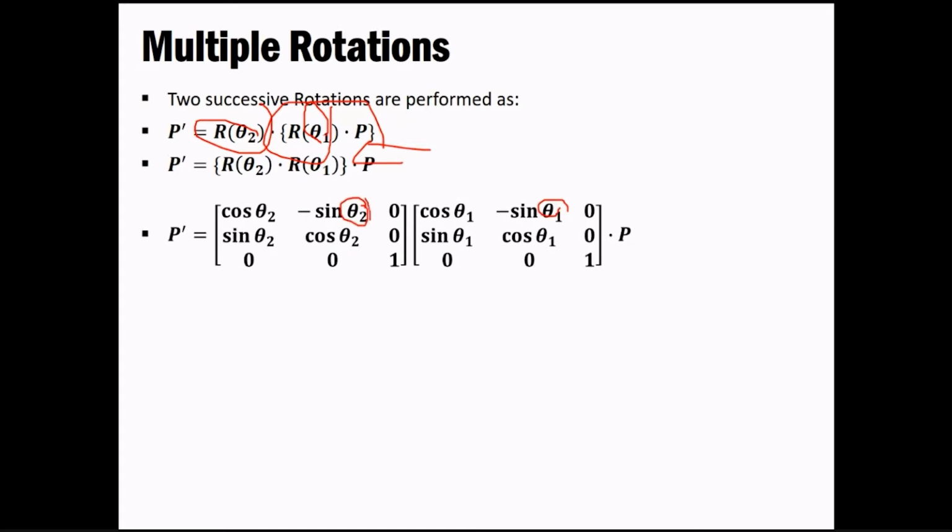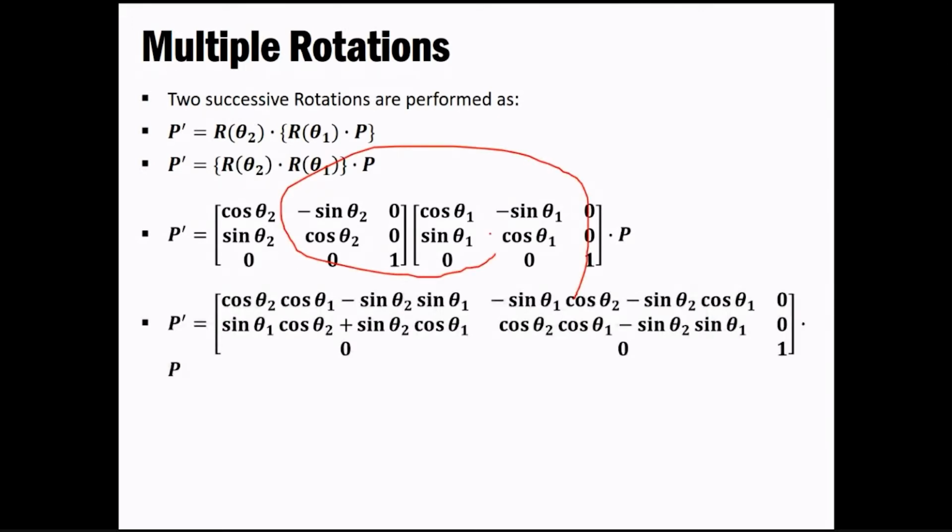Based on the equations that we have seen yesterday, we will write them over here. As we did in yesterday's lecture for multiple translation, we multiply both of these in the case of two successive operations. Simple multiplication will give us this.